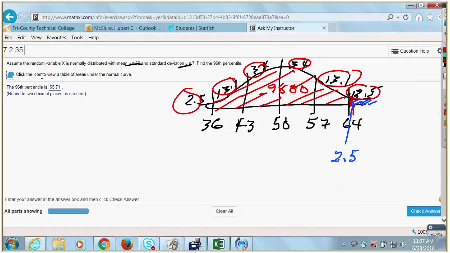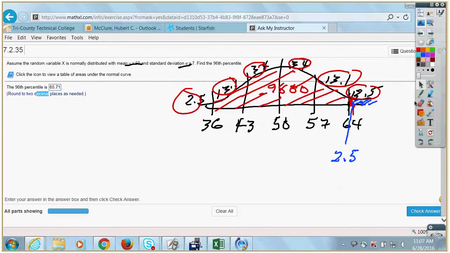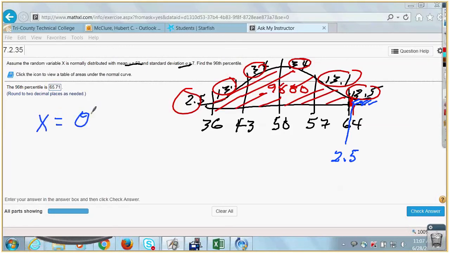Yeah, they want a score. But 2.05 doesn't give us a score. So we have to use what I use in class, and that is X. X is equal to z sigma plus mu.